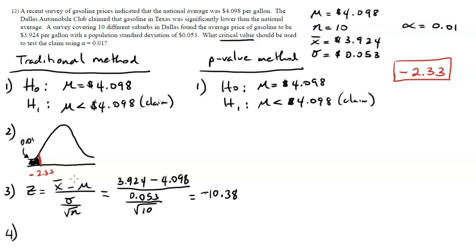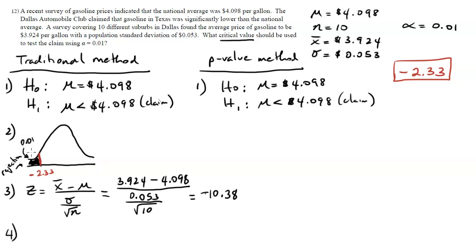You're checking to see if this z-test value is either going to be greater than your critical value or less than your critical value. It's either going to fall in this alpha region, this significance region, this rejection region, or it's going to fall in the non-rejection region. If this value falls in the non-rejection region, do not reject the null hypothesis.